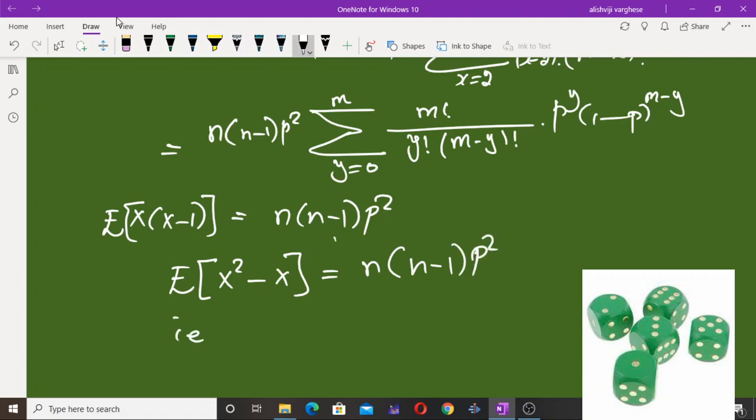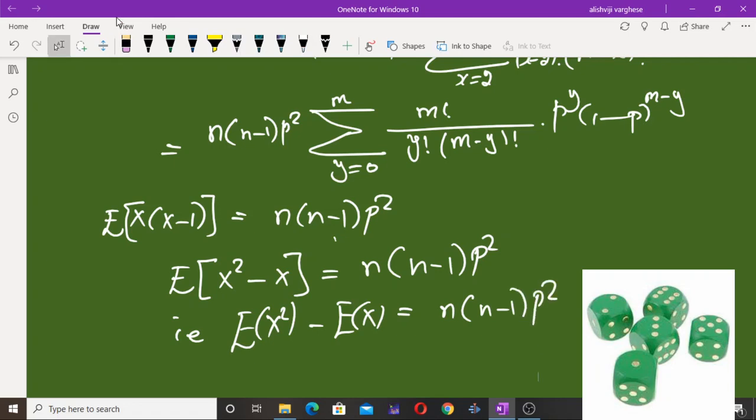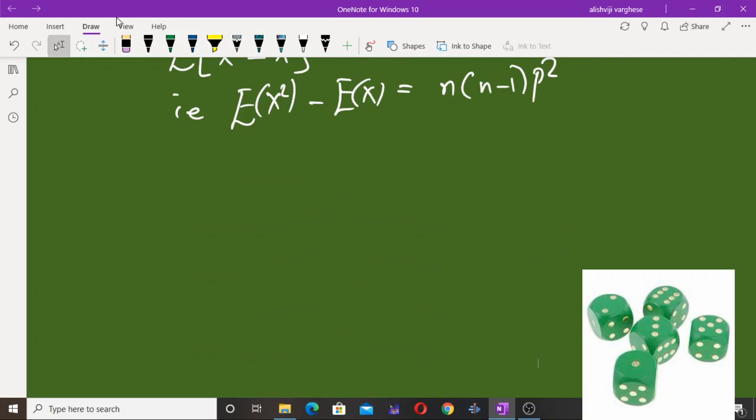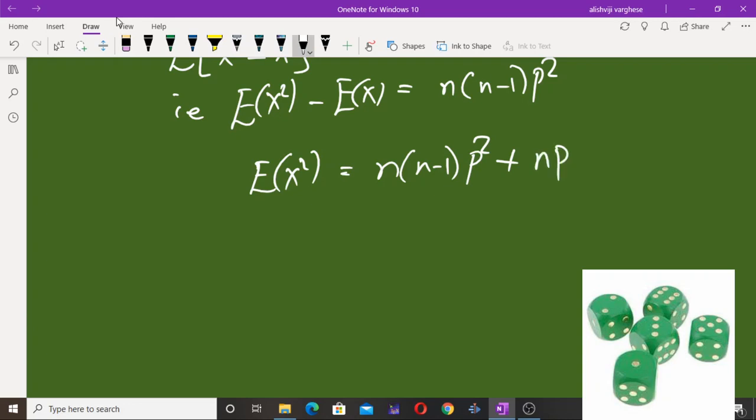Since expectation is a linear operation, it is expectation of x square minus expectation of x is equal to n into n minus 1 into p square. Now we are looking for expectation of x square, which is equal to n into n minus 1 into p square plus expectation of x. Expectation of x is the mean, that is n into p.